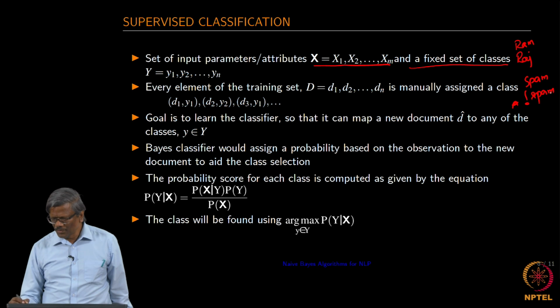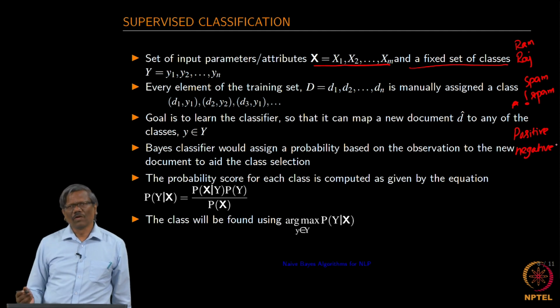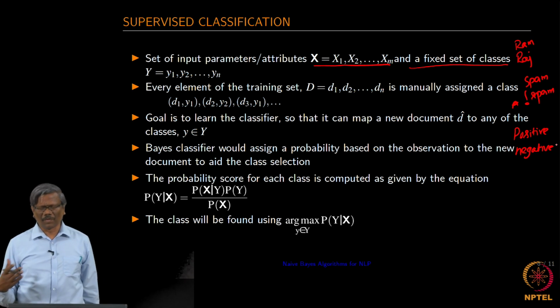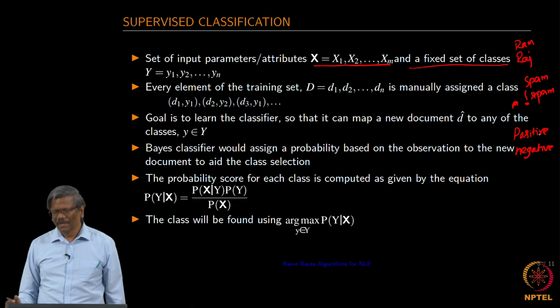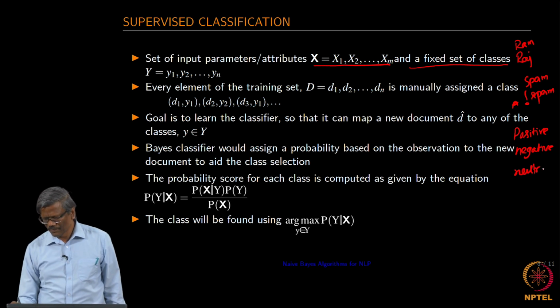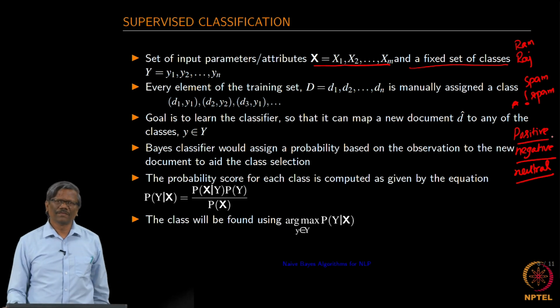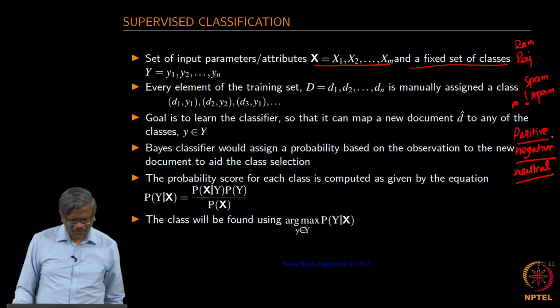If you look at movie reviews, it is going to be positive, negative, or if it is reviews of any product, positive or negative. The third class could also be neutral. So the same thing can be extended to multi-class as well.